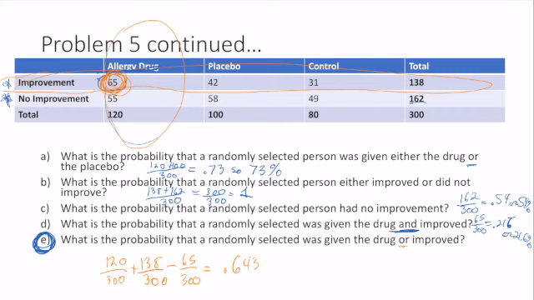That gives me 0.643 or 64.3%. The reason we didn't have to, in part A, remove something that was double counted was because these two columns didn't have any overlap. It was the probability they were given the drug or given the placebo. And there's no overlap in those columns, as you can see.